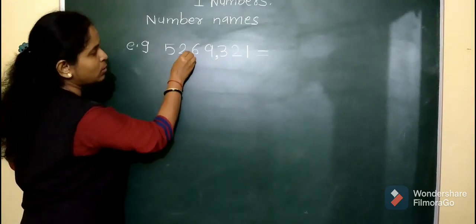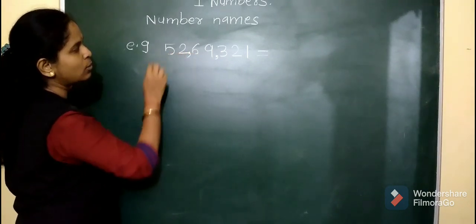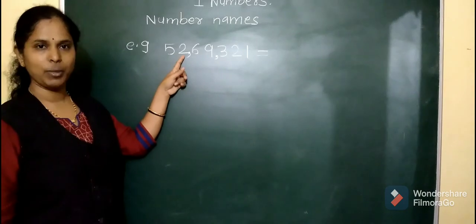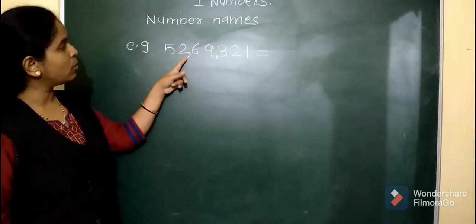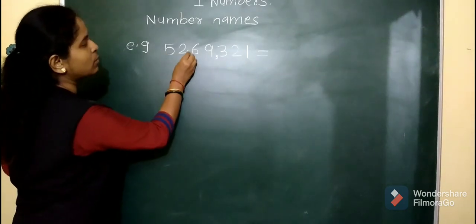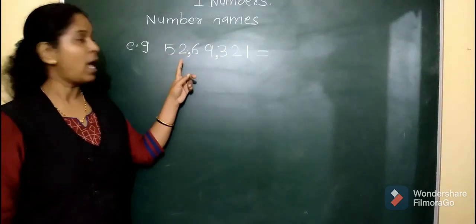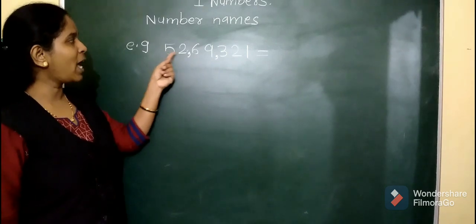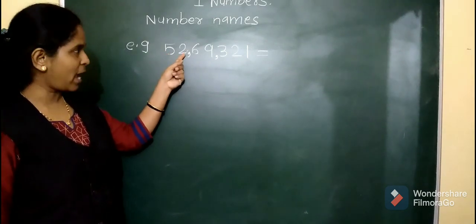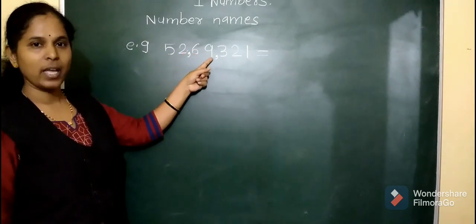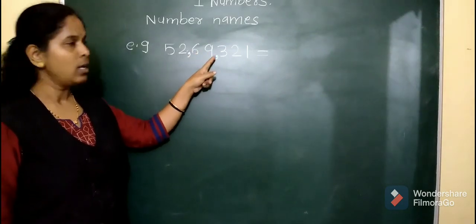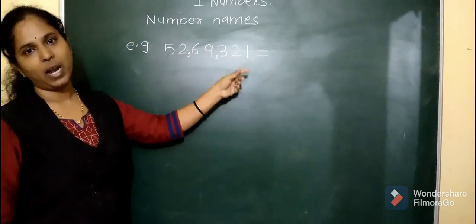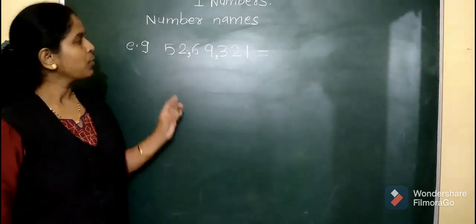These 2 make the 1000 period, and these 2 make the lakhs period. So how to read? See here, how many lakhs are there? 52 lakhs. Then how many thousands are there? 69,000 and 321.